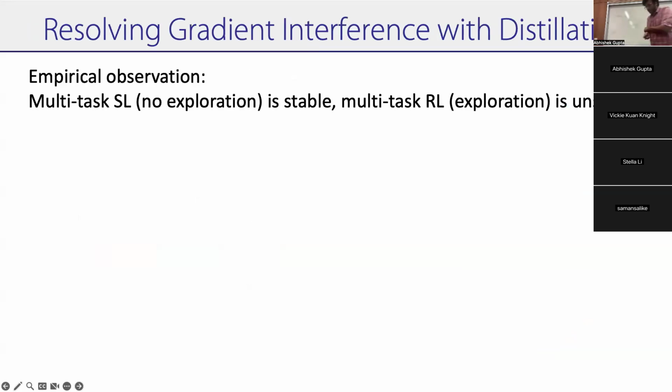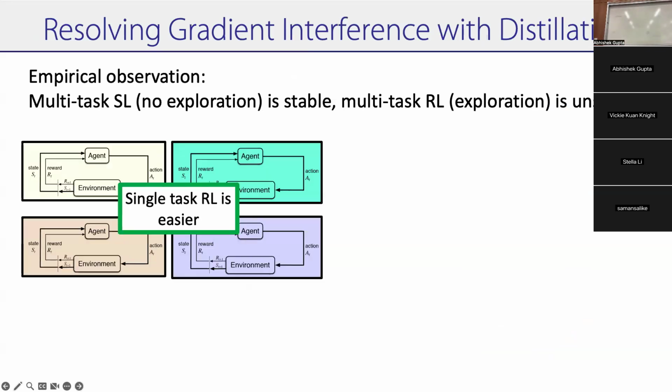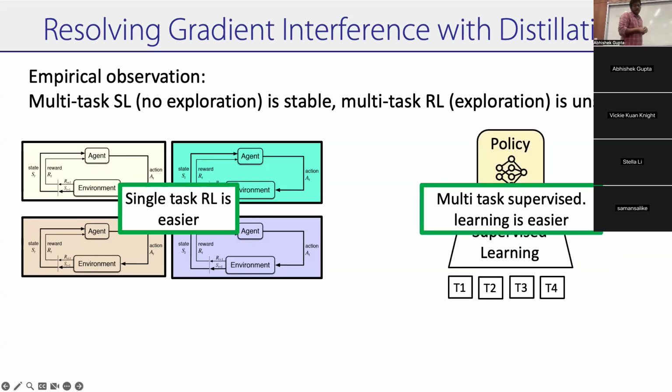Okay, so a simple observation is that if you do multitask supervised learning, it's stable. Multitask RL is unstable because of this combination of exploration and conflicting gradients, right? And so the insight here is that single task RL is easier and multitask RL is harder, right?